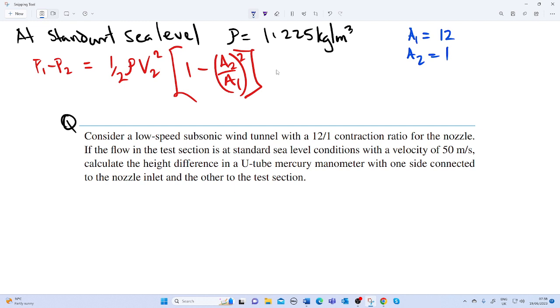And we know that the sea level density is 1.225 kilogram per meter cube, and we have an area contraction, and we're also given the velocity at the section 2, which is 50 meters per second.